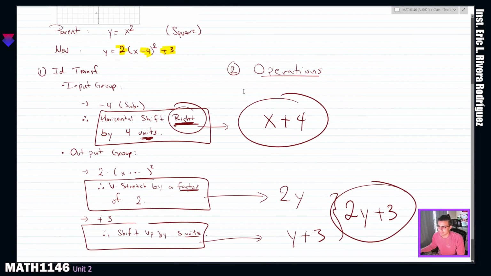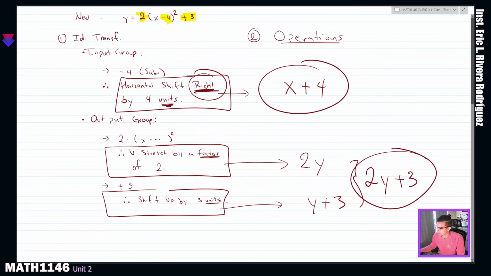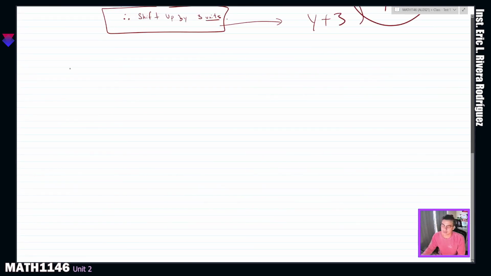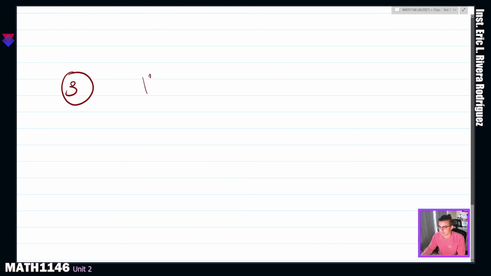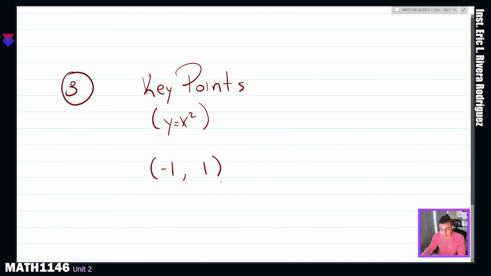Three. Key points versus new points. We are working with a square function. So the key points are -1, 0, and 1. This is something that you need to know by memory.